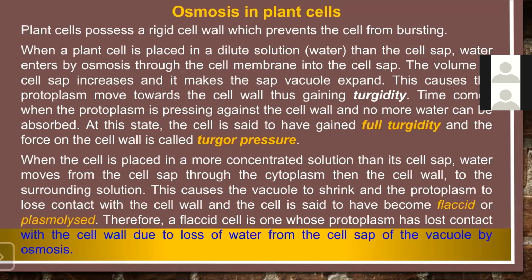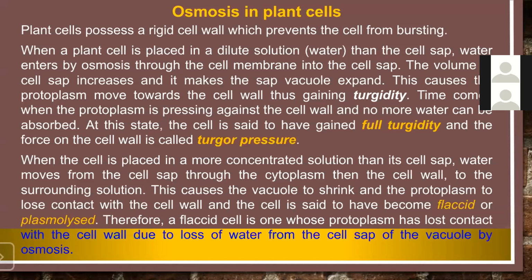Plasmolyzed. Therefore, a flaccid cell is one whose protoplasm has lost contact with the cell wall due to loss of water from the cell sap of the vacuole by osmosis.